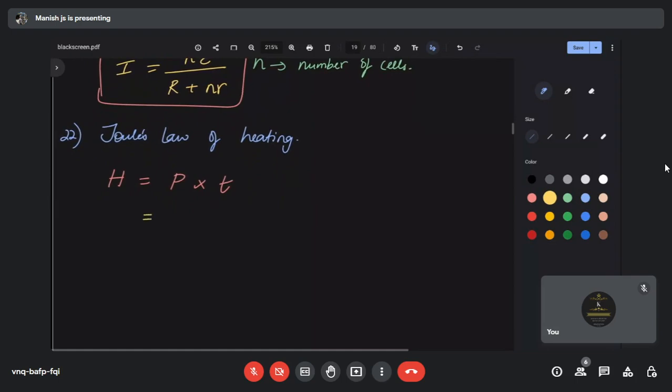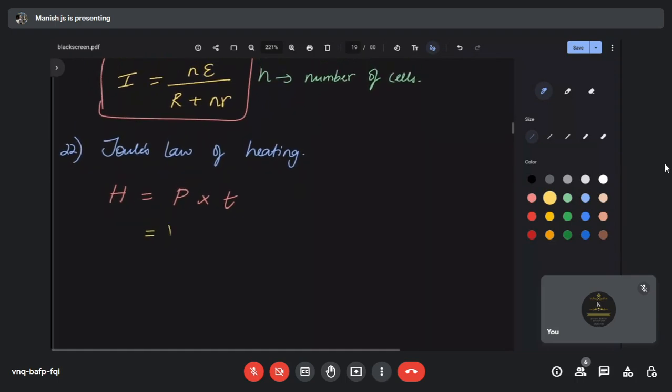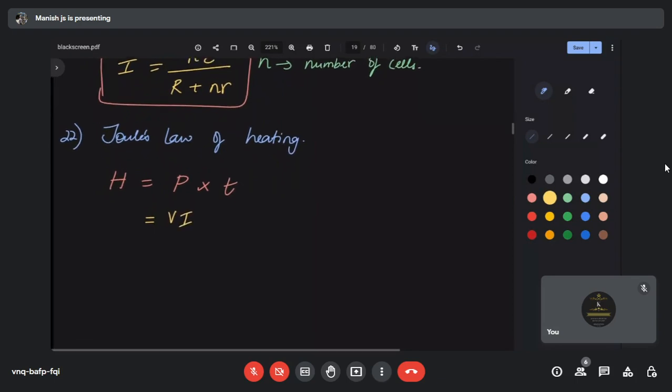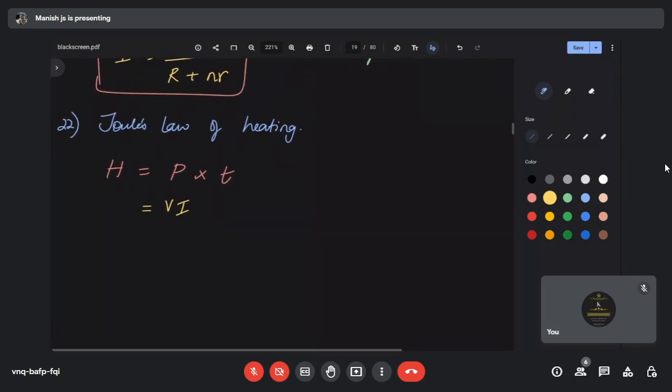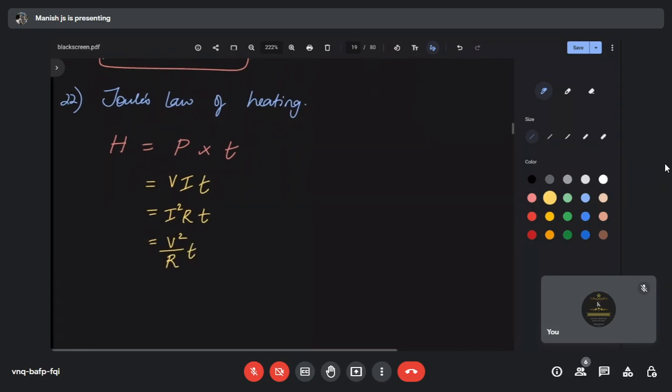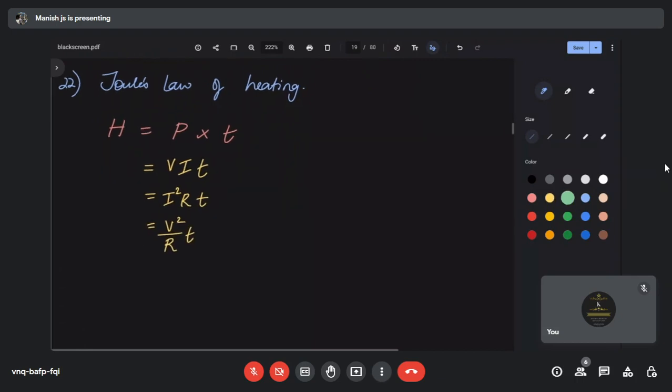And then you go and apply for power. P can be expressed as a product of potential difference into current into time. So VIT. Now from Ohm's law, you substitute for V in terms of IR. So you get I square R into T. Now for I next you substitute, you will get V square upon R into T. So these are all the combinations of formulas which are possible.